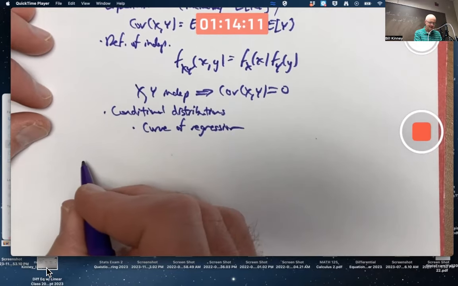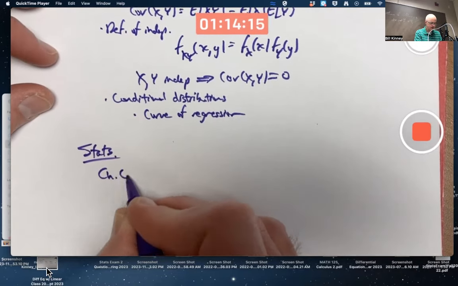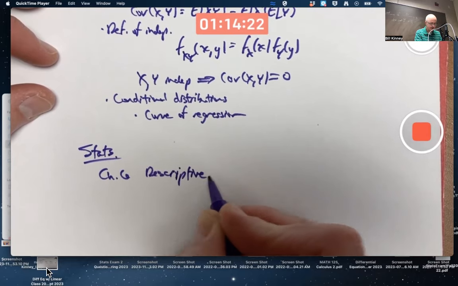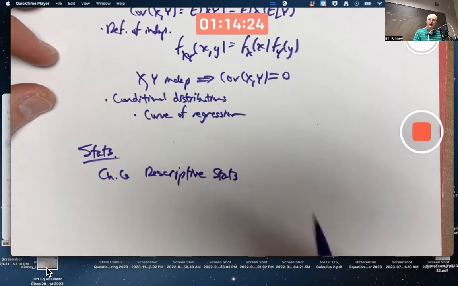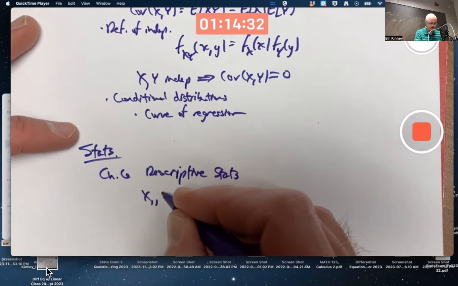Then we got into stats. Chapter 6 was descriptive statistics, but did include some real fundamental things besides just a bunch of graphs. Like what's a population, what's a parameter, what's a sample, what's a statistic, what's a random sample, what is a statistic based on a random sample? And we really approached things abstractly.